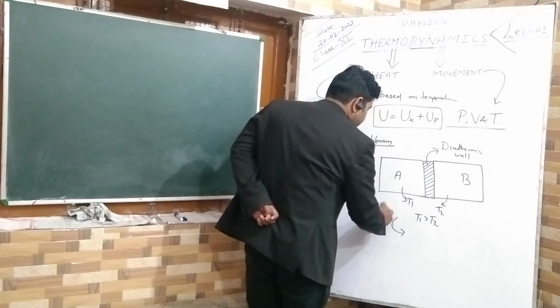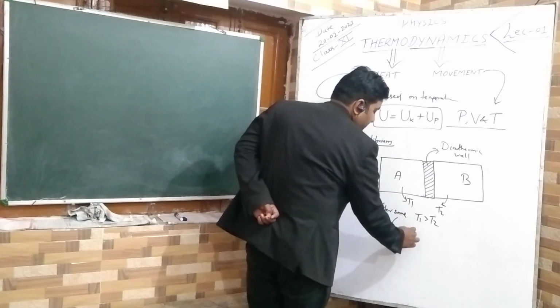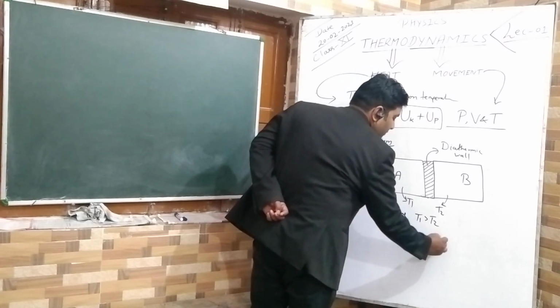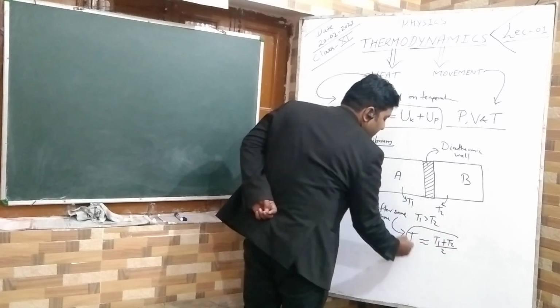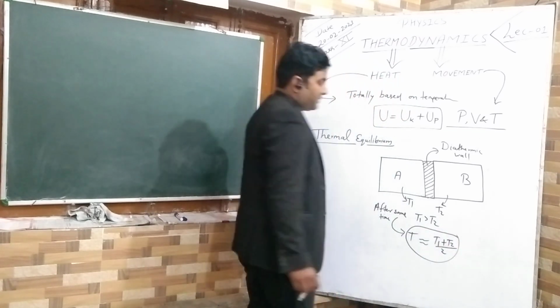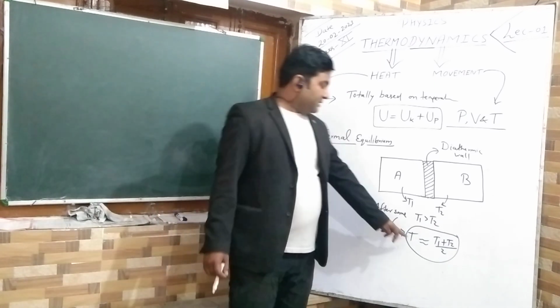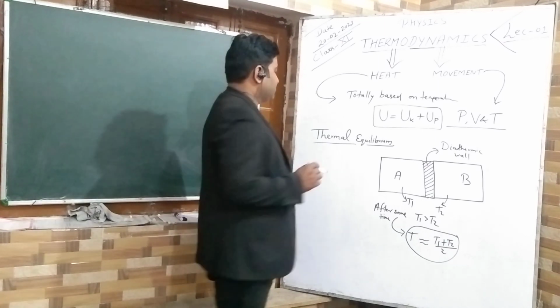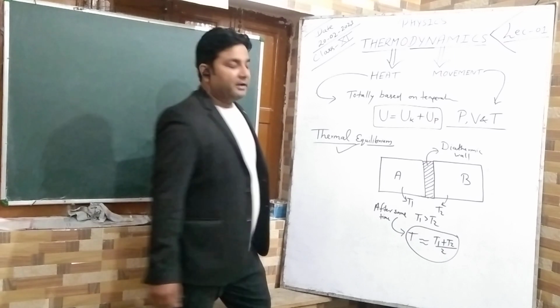After some time their temperature becomes T, which is approximately equal to (T1 plus T2) upon 2. That is the common temperature of both bodies, and this common temperature gives an indication about the thermal equilibrium of these two bodies.